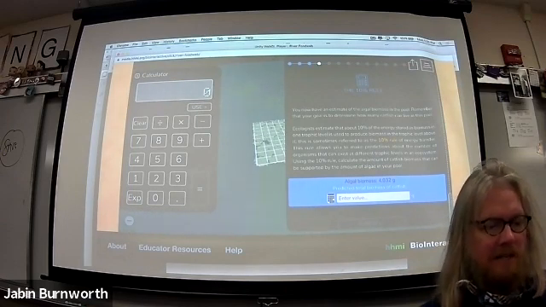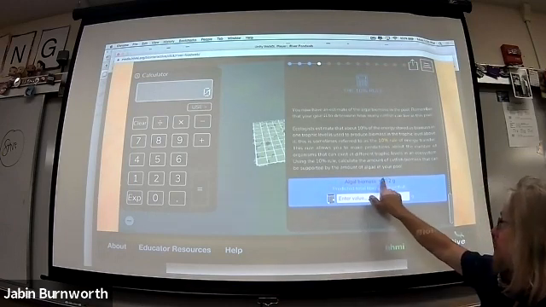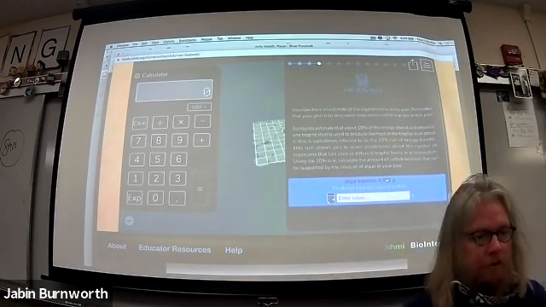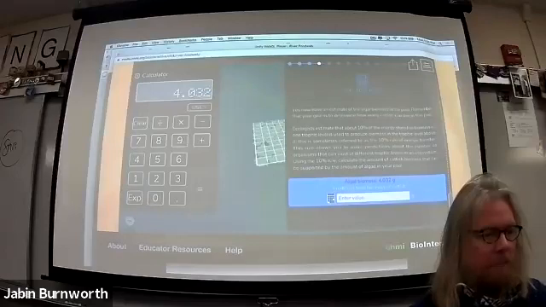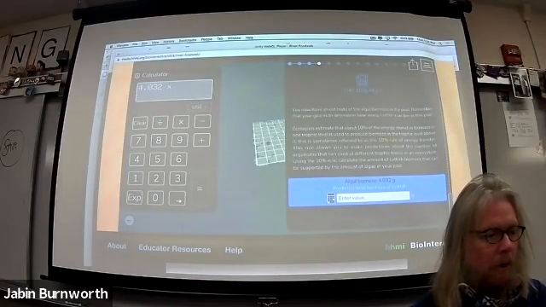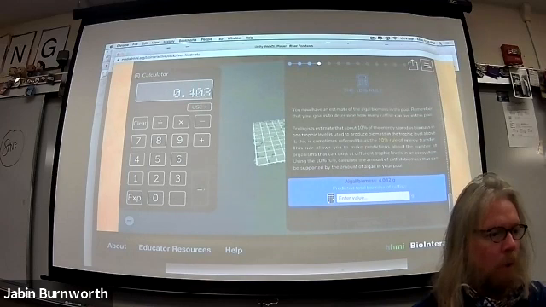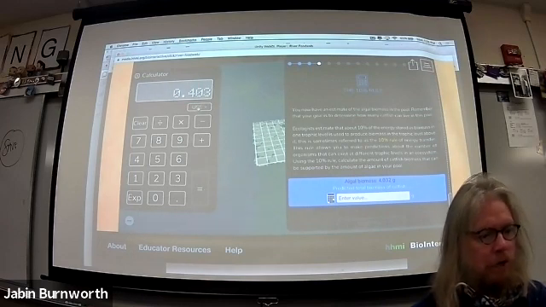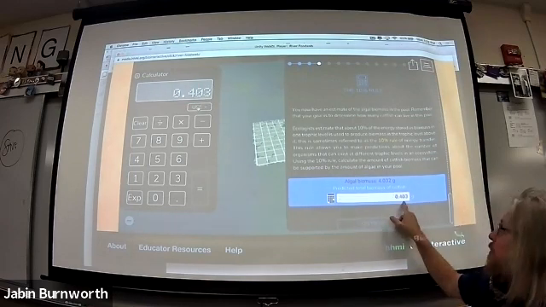So I'm going to take this number. Once again, I'm just going to click on 4.032, and I'm going to multiply it by 0.10. So that's my 10%. I'm going to hit equal, and my number is 0.403. I click use, and that number goes right there.